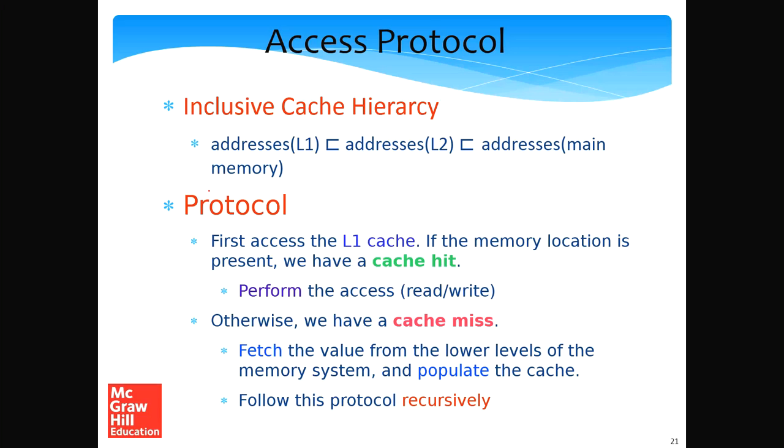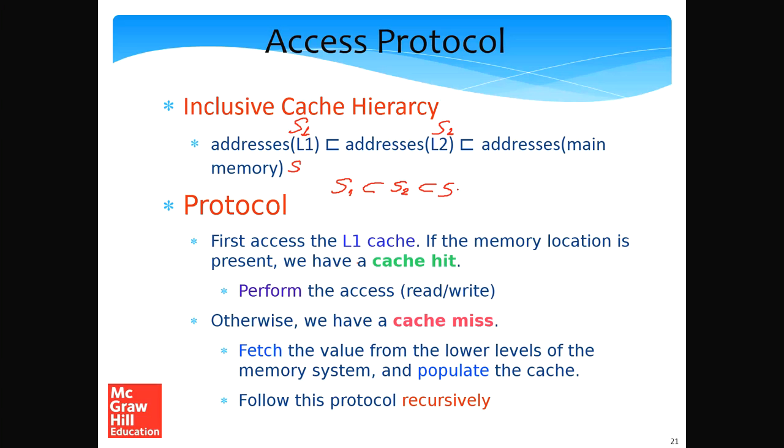Explaining in another way, the main memory contains the entire set. Let this be S1, let this be set S2, and let this be the entire set S. So S1 is a subset of S2 and S2 is a subset of S.